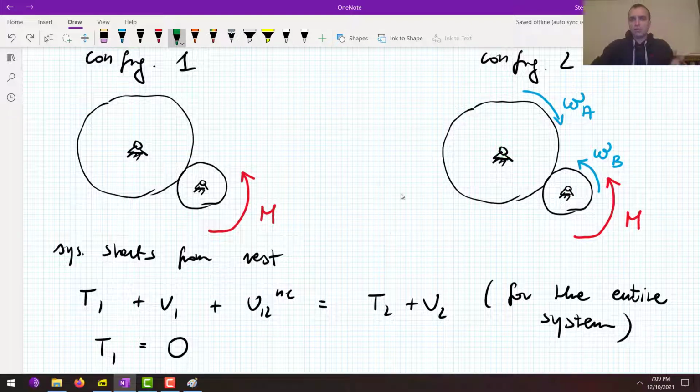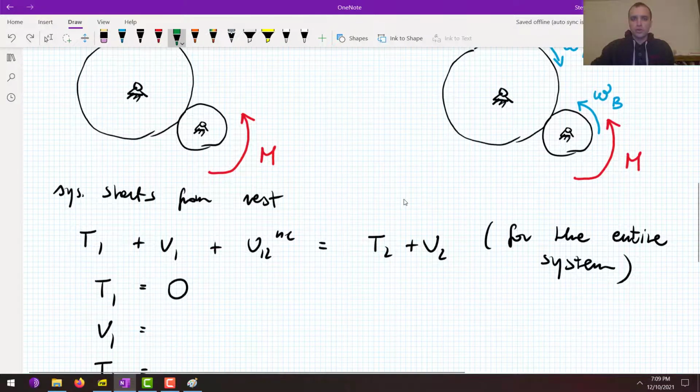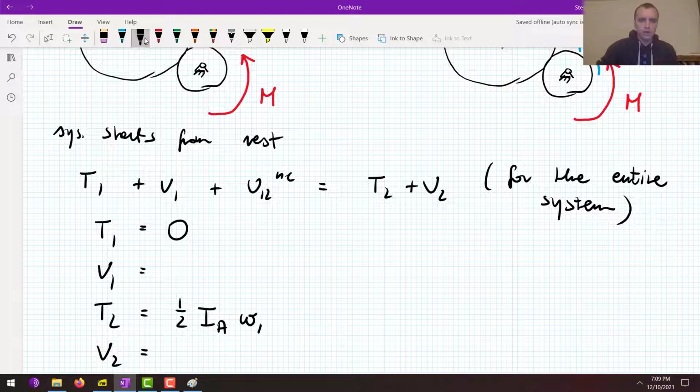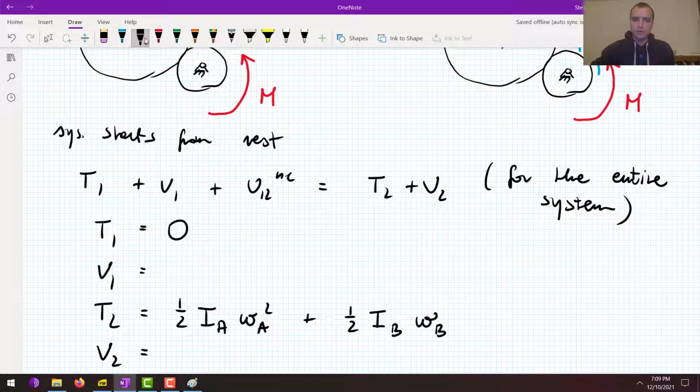So actually our kinetic energy equation simplifies tremendously. We can just write two expressions for rotational kinetic energy: 1/2 IA omega A squared plus 1/2 IB omega B squared.